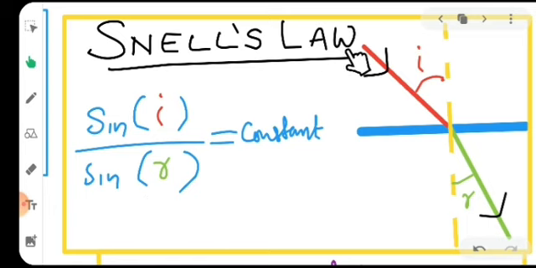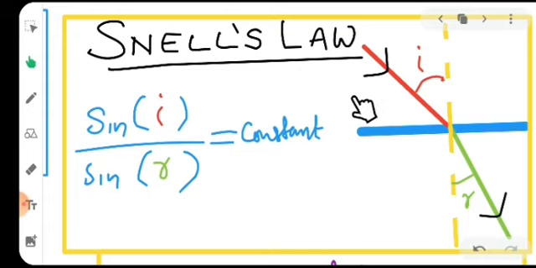So what does Snell's law state? In your syllabus-based study, you are only supposed to learn that the sine of the angle of incidence divided by the sine of the angle of refraction is a constant. Doing this ratio gives you a constant for a given pair of media.